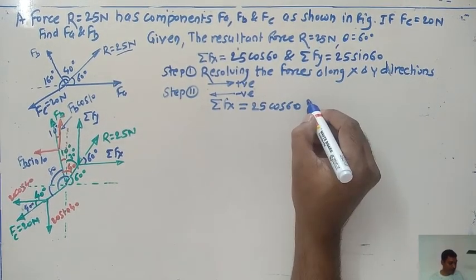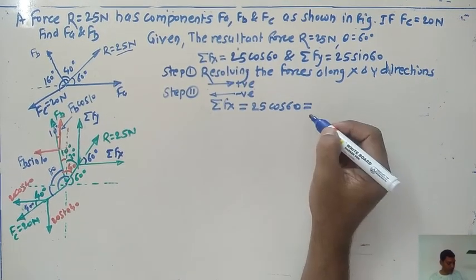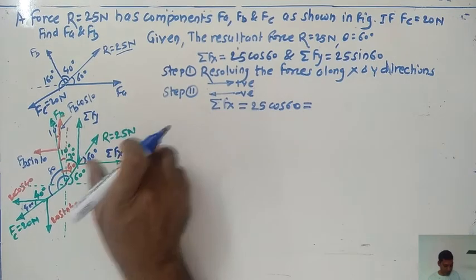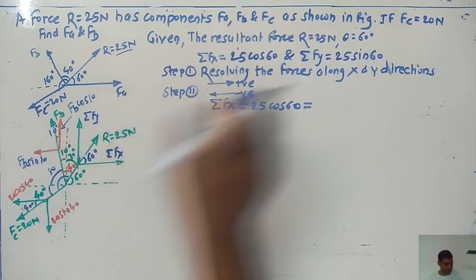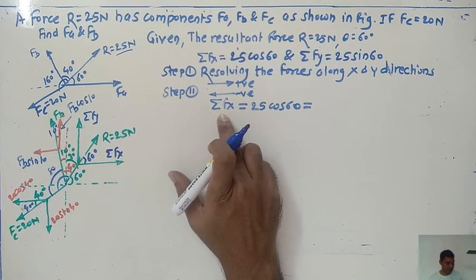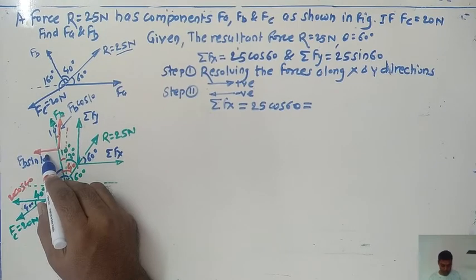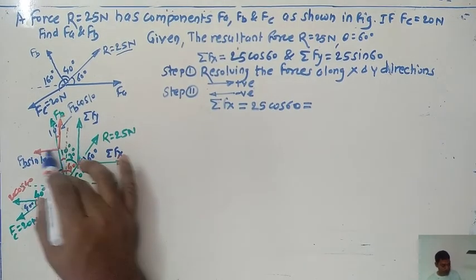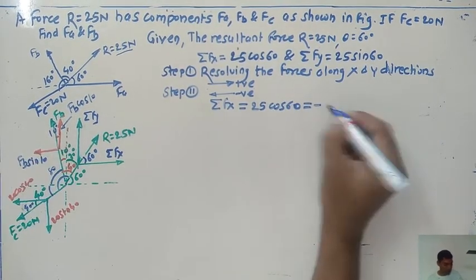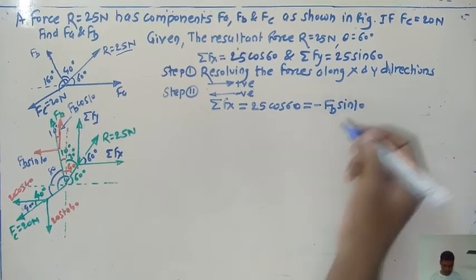Just move towards the next one. So the equal sign will come here. Don't add this force in the other forces, because this already indicates the summation of Fx. What about the next one? This force is running in the negative direction, so give the minus sign for this one: FB sine of 10 degrees.